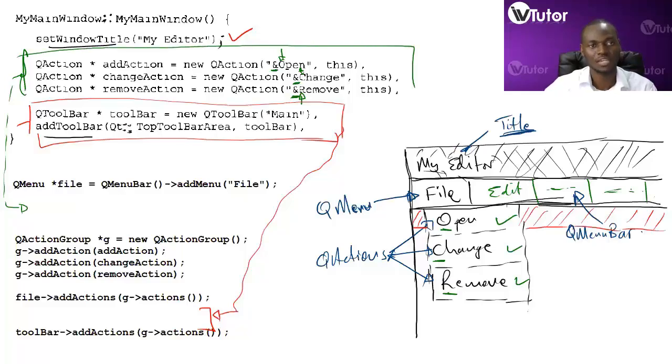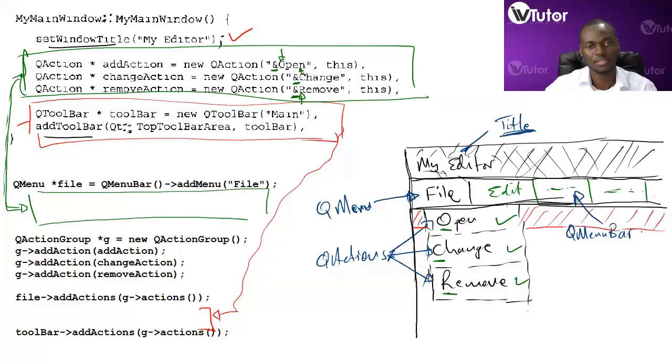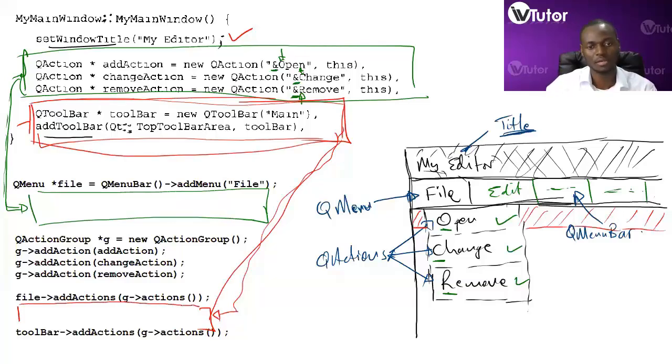If we write everything together, this green block will be sitting here. Then you group your actions, you put your actions onto your group, and then this red box here, this code, would be sitting here. So that is the complete code of how to build a menu.